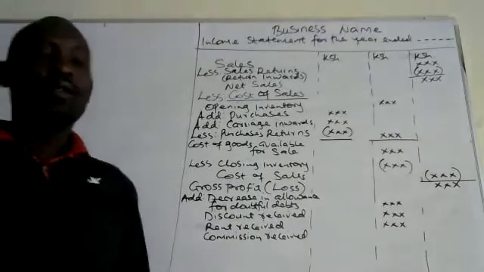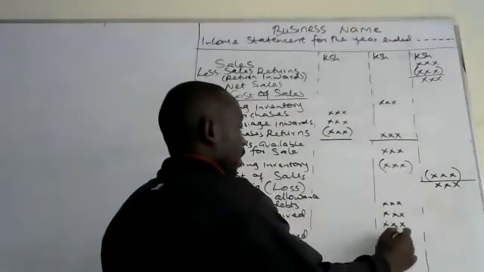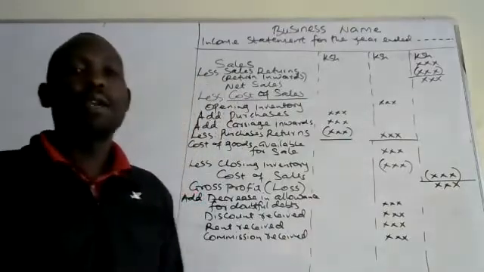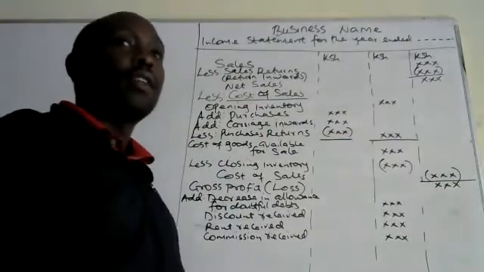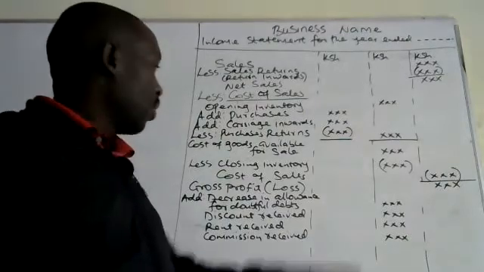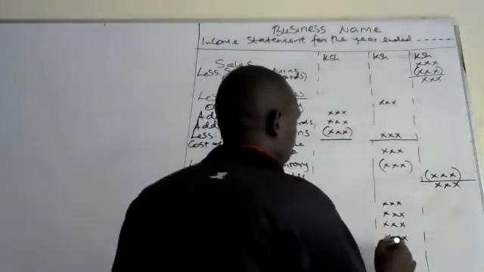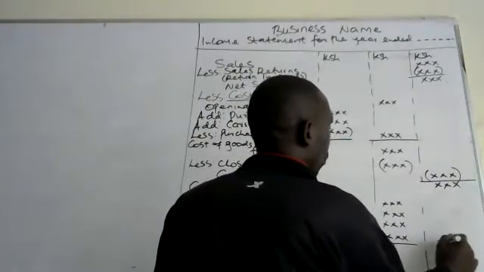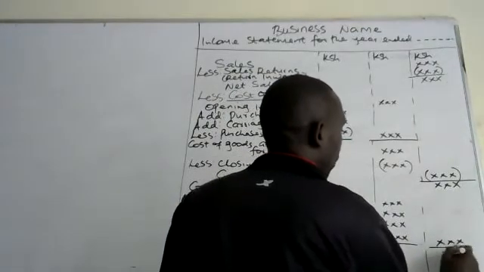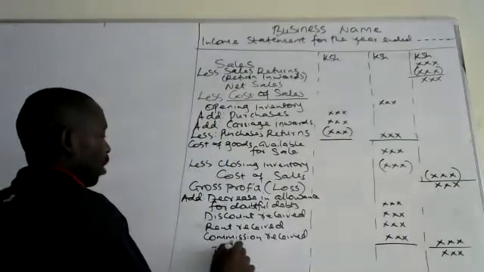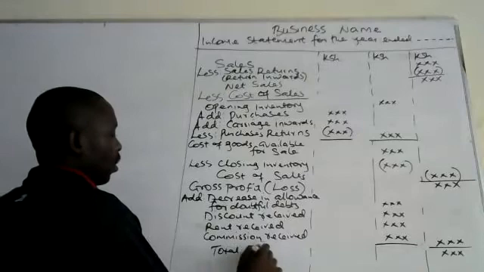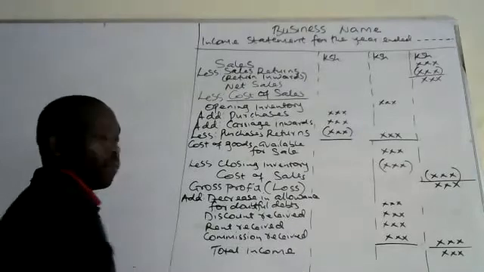These are the other sources the business can generate income from, apart from selling goods. Apart from buying goods cheaply and selling them at a slightly higher price, you can get income from this source. Add the total, transfer there. The figure you will get here is known as the total income.